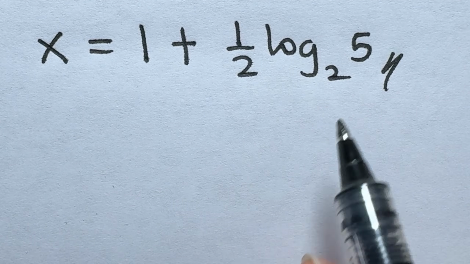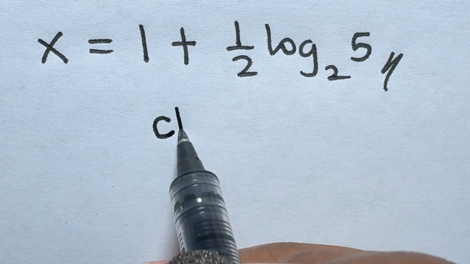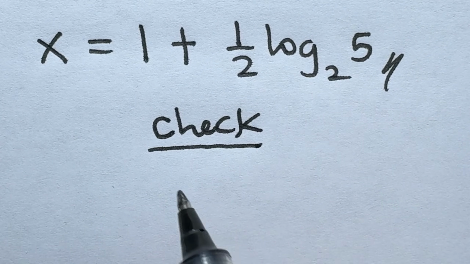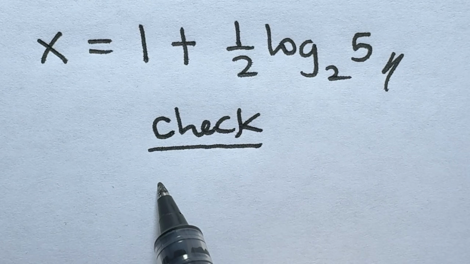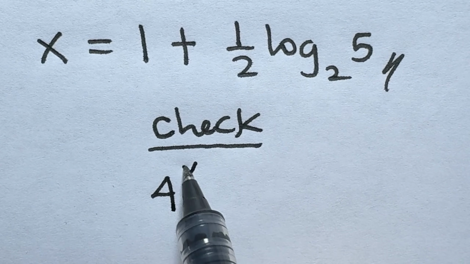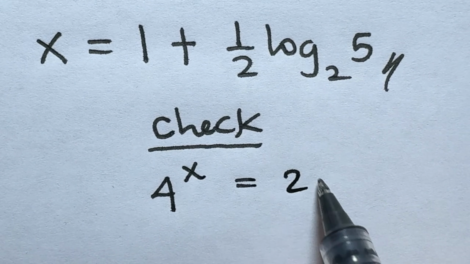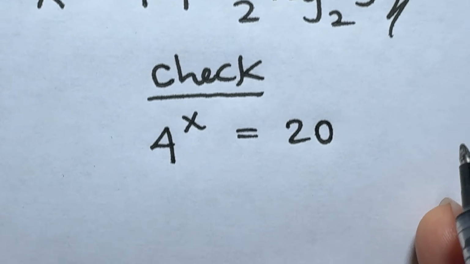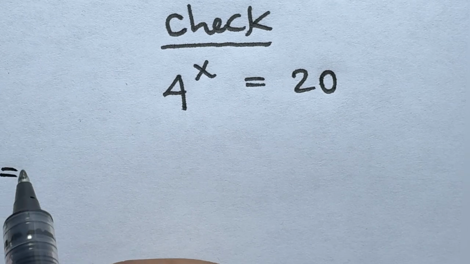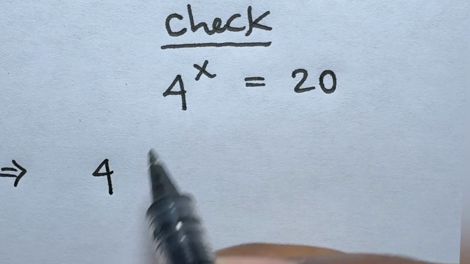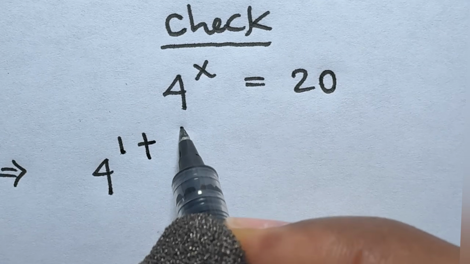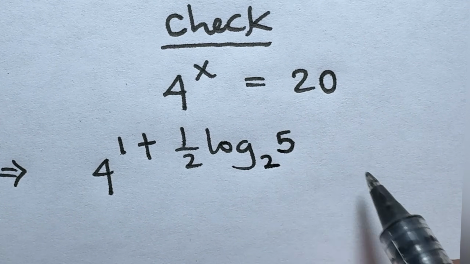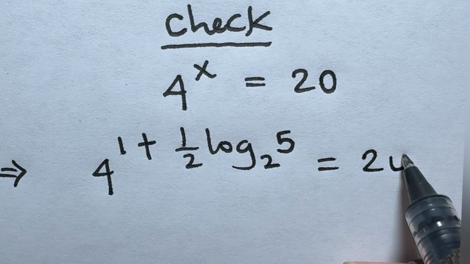Before we conclude this as our final answer, we need to do a quick check by substituting this value of x back into our given problem, which was 4 raised to power x is equal to 20. So in place of x here, we substitute all of this, which will then give us 4 raised to power 1 plus 1 over 2 times log 5 base 2 to give us 20.